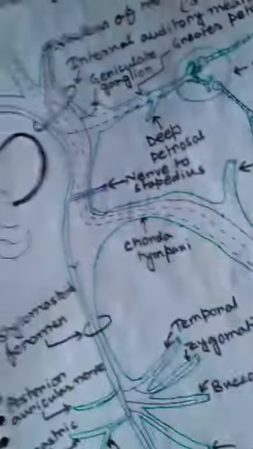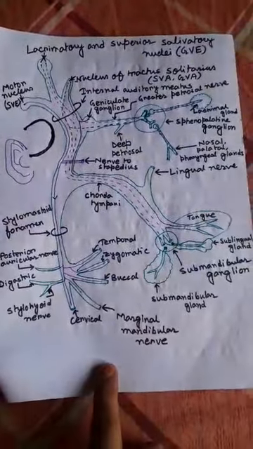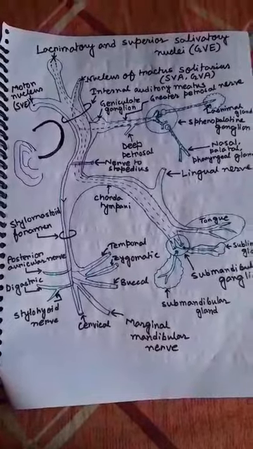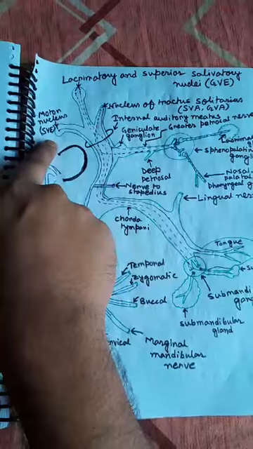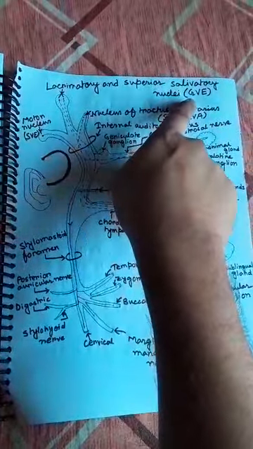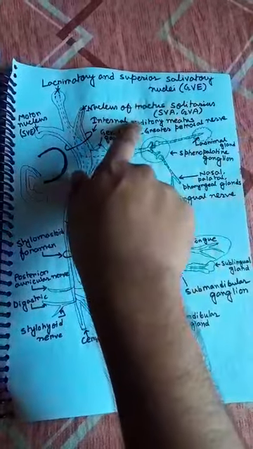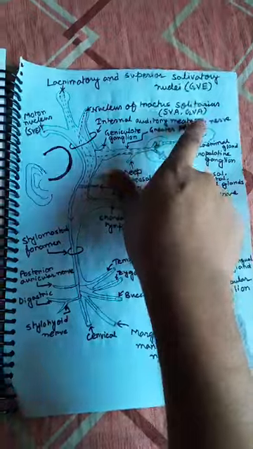I will also discuss this photo. Okay, these are the main branches of the facial nerve. The motor nucleus is SVE, the lacrimatory and superior salivatory nuclei are GVE, and the nucleus of tractus solitarius is SVA and GVA.